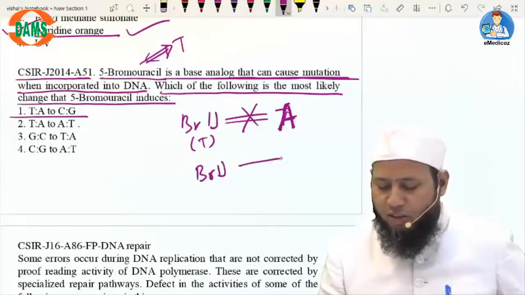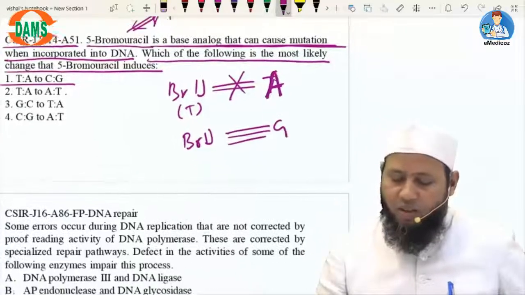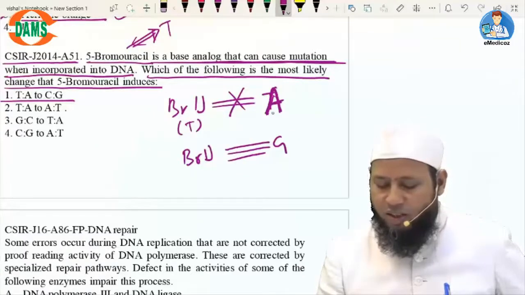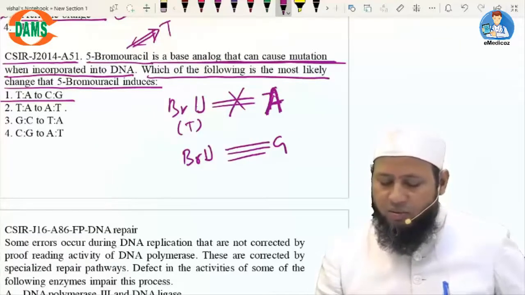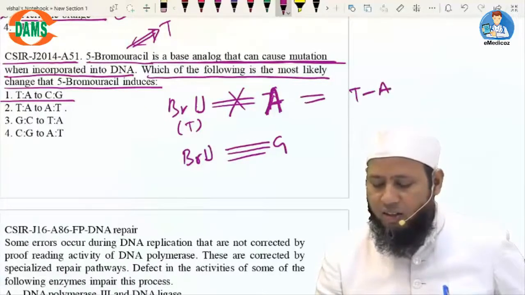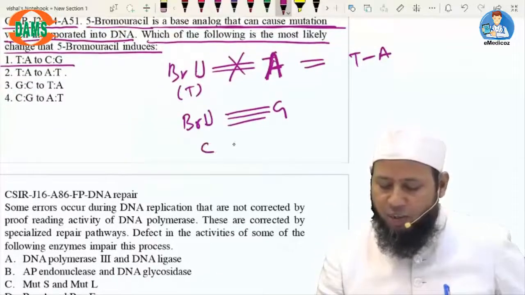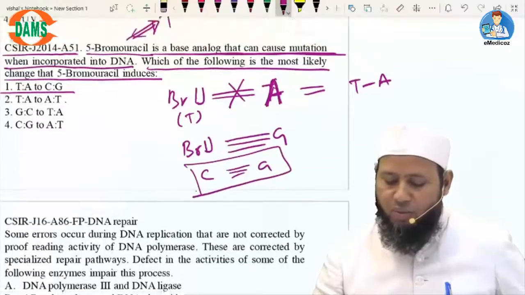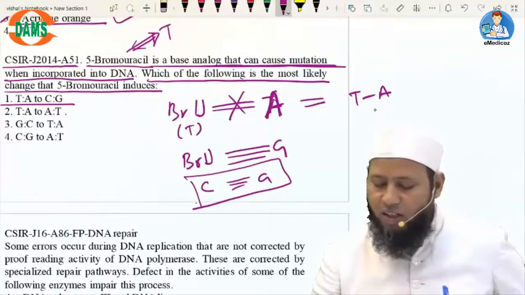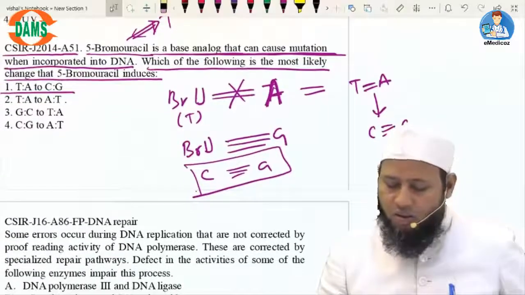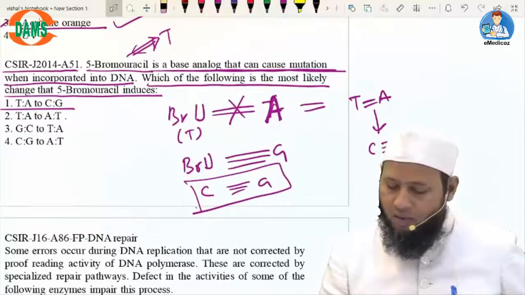This bromouracil will hybridize with G. In this way, the TA, which generally should behave like TA, will behave like a C, it will hybridize with G, and in the next round it will become like a CG. So it will be TA to CG kind of mutation.